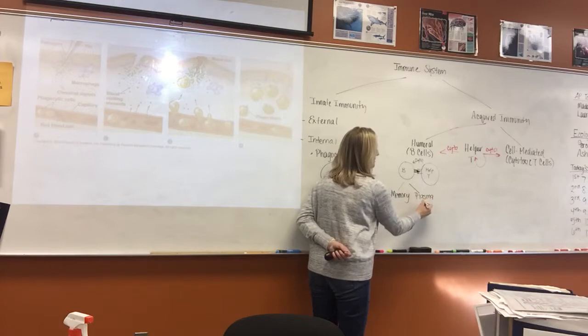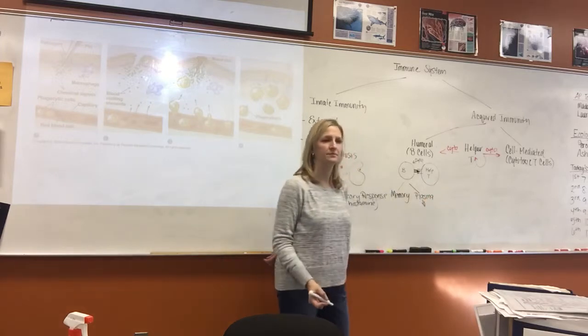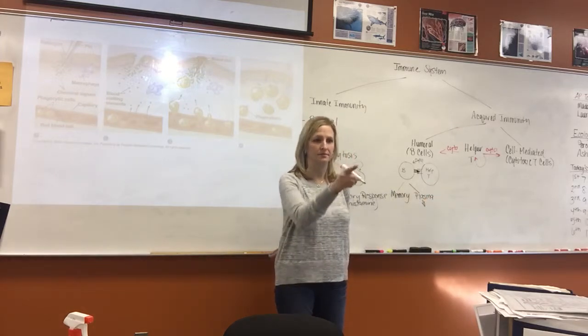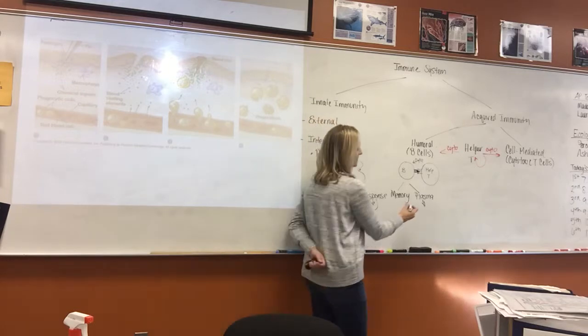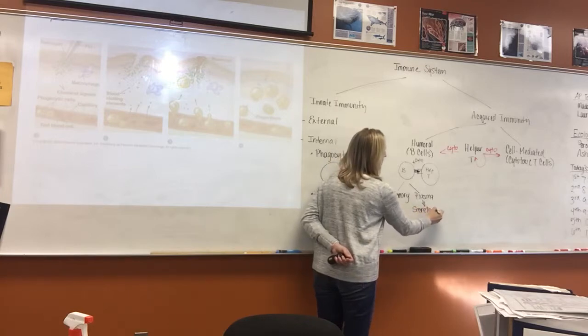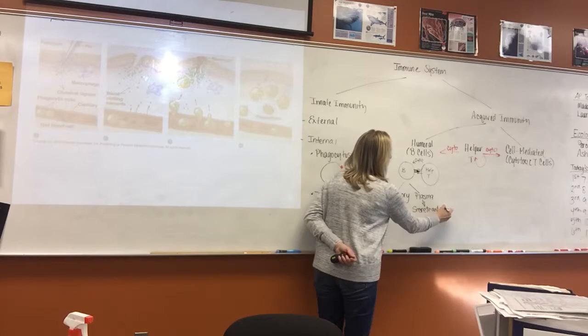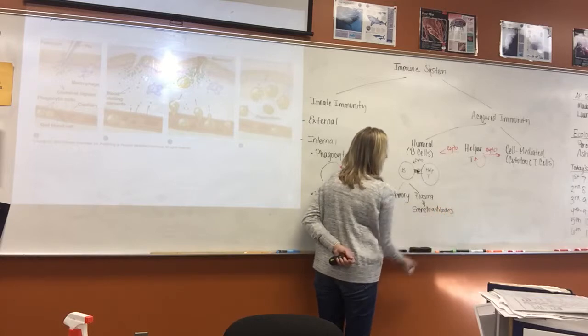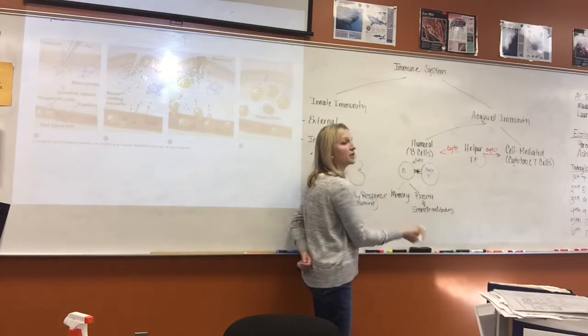And these plasma cells, why are they important? They release antibodies that will fight the antigen that's present at that moment. That's right. They secrete antibodies that fight the current pathogen, the current infection. The memory cells are just for later.